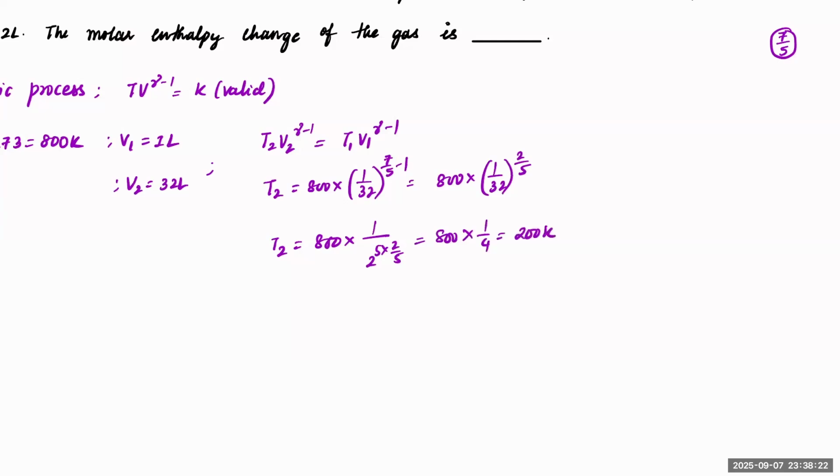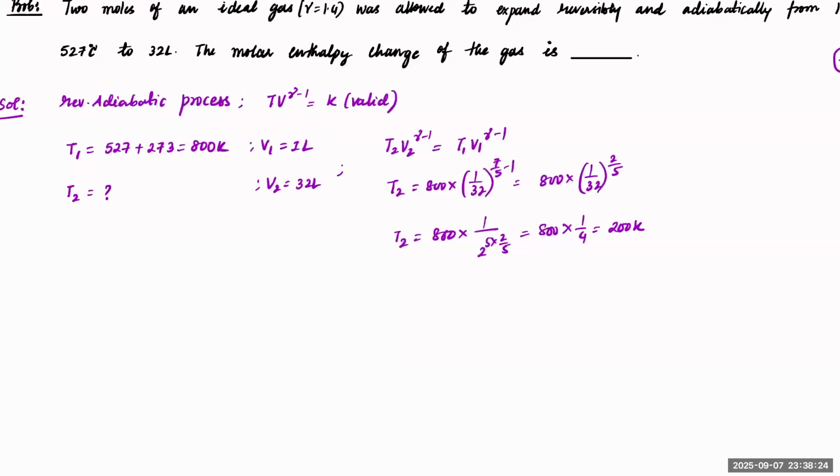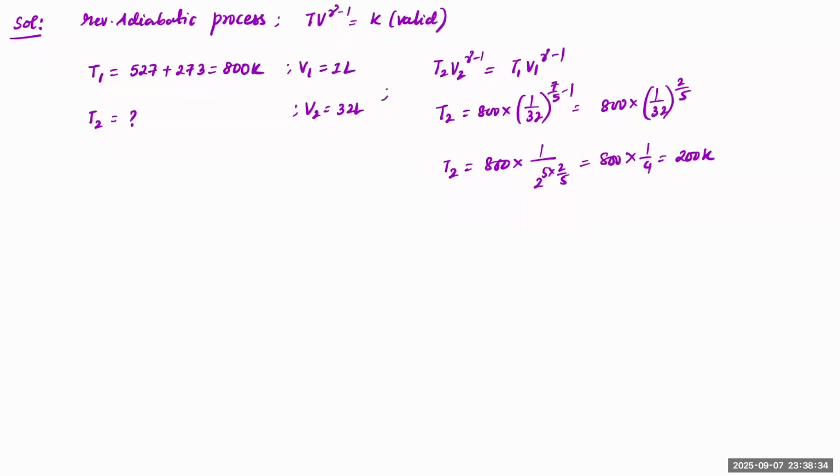Because it is an expansion that is happening, temperature is bound to decrease. So this will be the final temperature. Once you get temperature, the question asks about delta H. You know that delta H can be written as n Cp delta T. So let's first calculate Cp.